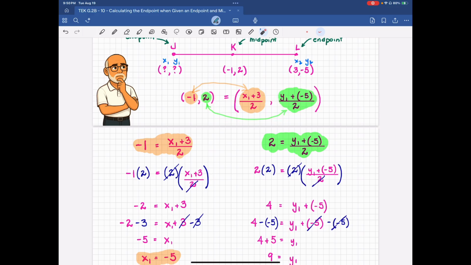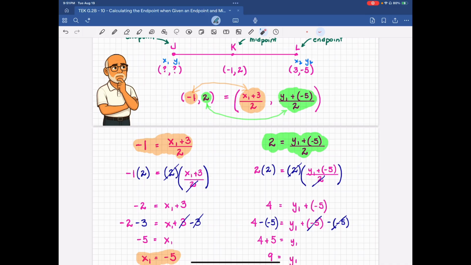So now I have two problems, two equations that I need to solve for x1 and y1. So I'm going to take the -1 equals x1 plus 3 divided by 2, and I'm going to bring it down here. I'm going to take my 2 equals y1 plus -5 divided by 2, and I'm going to bring that down here.